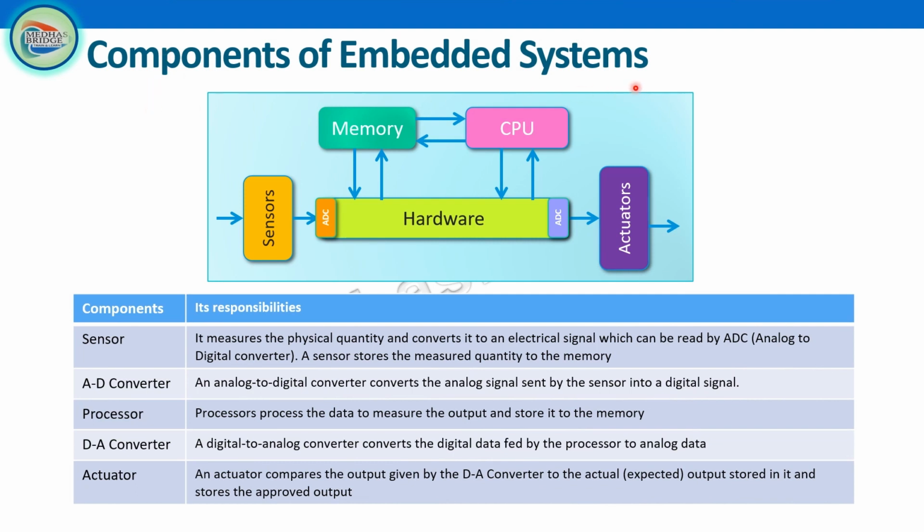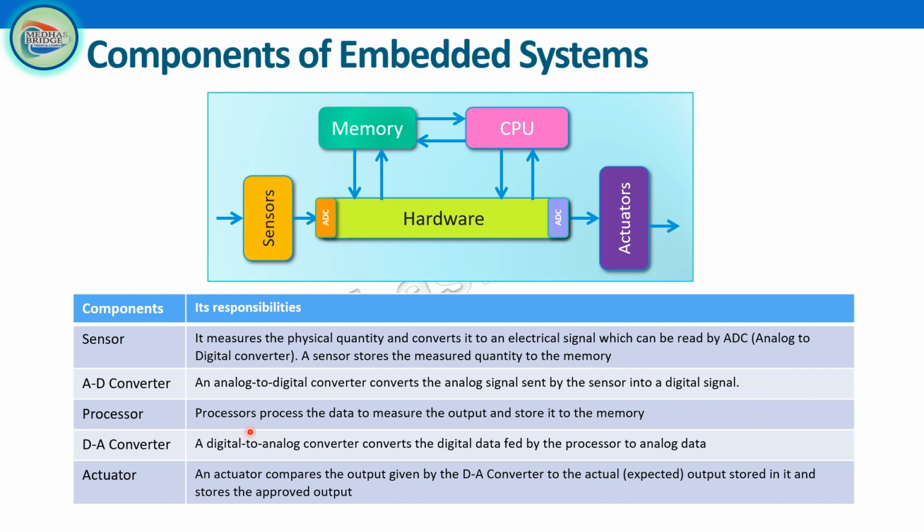Components of embedded systems: hardware, memory, CPU, sensors, actuators. Sensors measure a physical quantity and convert it into an electrical signal which can be read by the ADC, the analog to digital converter. A sensor stores the measured quantity to the memory. The A to D converter converts the analog signal sent by the sensor into a digital signal.